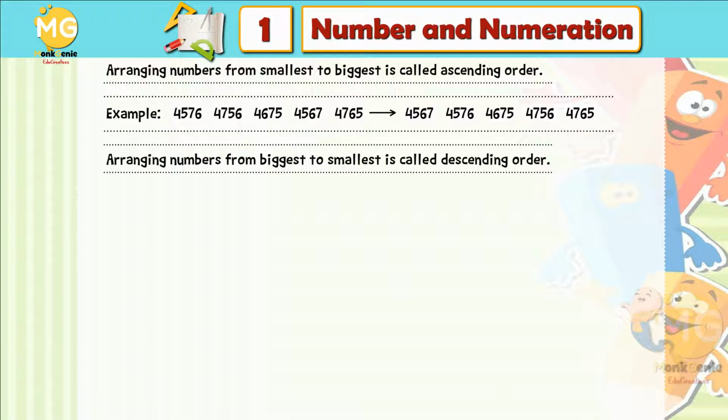Arranging numbers from biggest to smallest is called descending order.